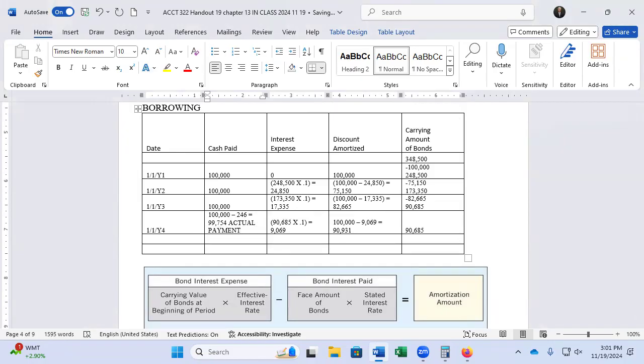So that's what an effective interest table is like. And there's a couple different methods and a couple different ways to do it. I'm not going to try to confuse you on this one. You can see we got the 90,685 minus the 90,685, and so we end up with a zero balance here.